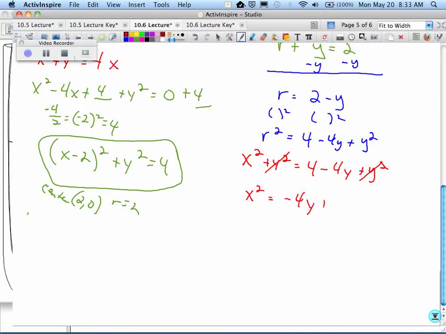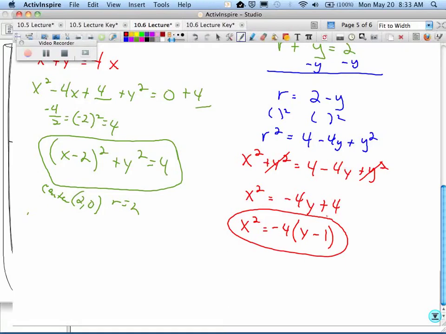So the final answer here will be x squared equals negative 4 times y minus 1. Where's the vertex? 0, 1. So in other words, we're going to shift this parabola up 1. Does it open up, down, left, or right? Down, because that's a negative 4, it's going to go down.